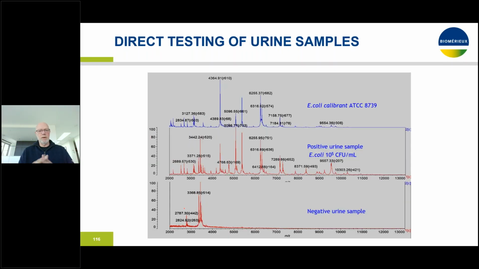Again, I will not be discussing that in much detail, and I'll end this part of the talk with a brief illustration of what a positive urine sample looks like.